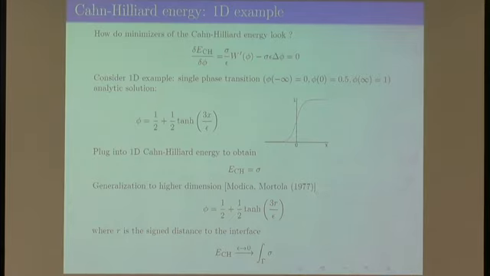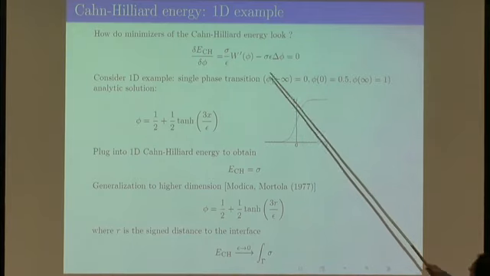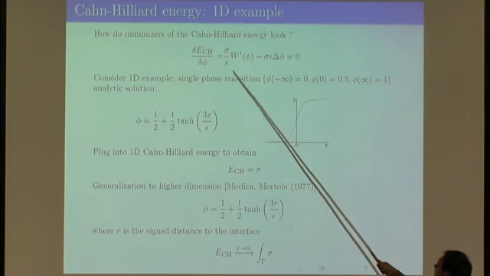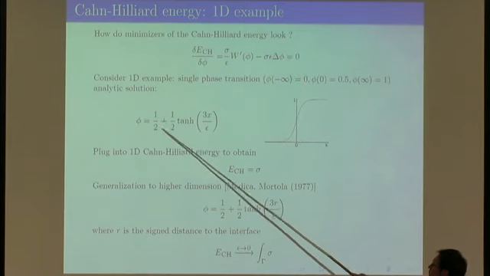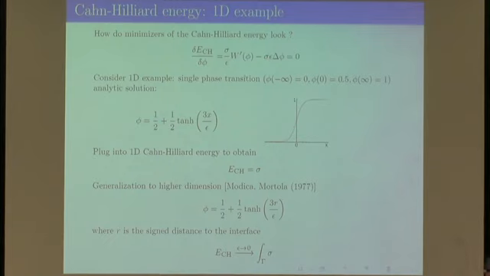And then in 1D, this is a simple equation. This is just an ordinary differential equation in 1D, and if you plug in some boundary conditions, you can easily solve it. For example, if you plug in the boundary condition that the phase field at the left is equal to 0 and at the right is equal to 1, and there's a phase transition in the middle, so phi is equal to 0.5 here, then you can plug this boundary condition into this ODE in 1D, and you get an expression for the phase field, an analytical solution.